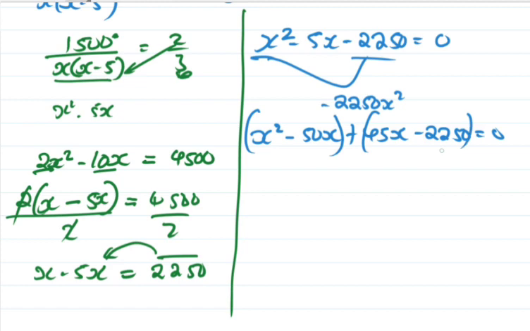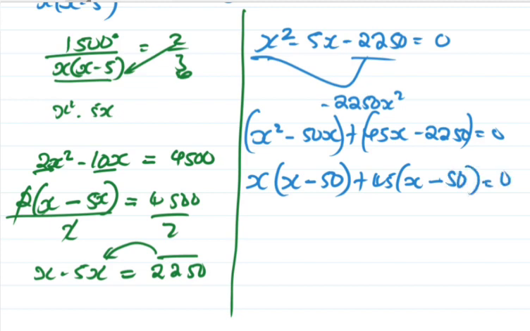Then next is to pair the terms. Common factor in the first bracket, that's x into x squared, we have x, into 50x, we have 50. Then plus common factor in the second bracket, that's 45. 45 into 45x, we have x, then here we have 50, there is equal to 0.